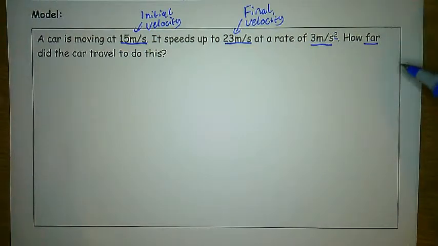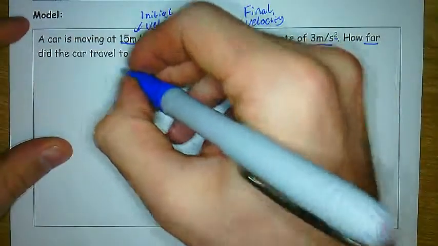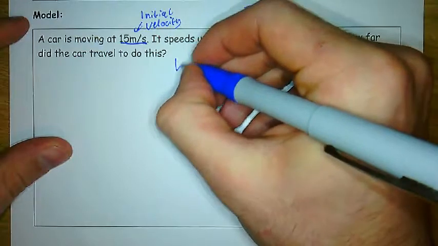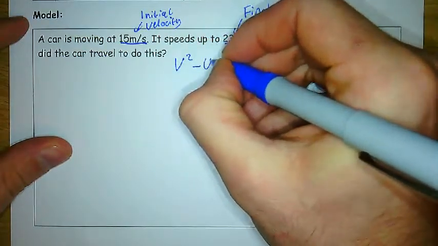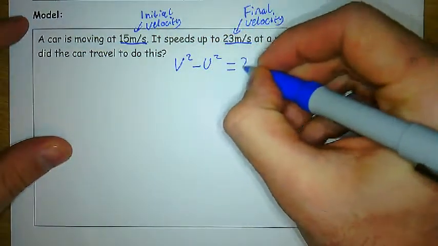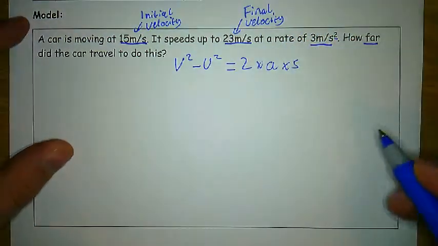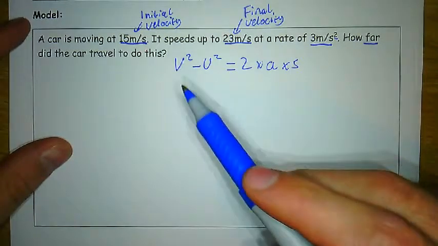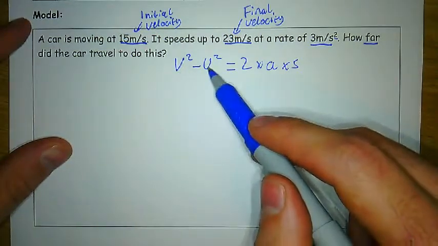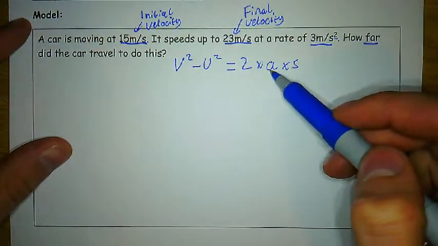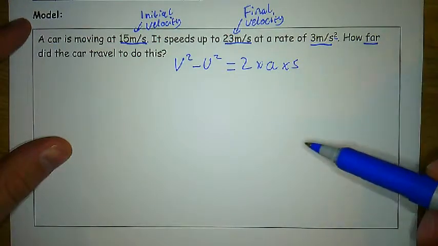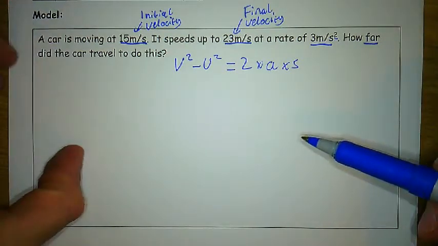So the equation we're going to be using is the equation v squared minus u squared equals 2 times a times s, where v is your final velocity, u is your initial velocity, a is your acceleration, s is your distance.